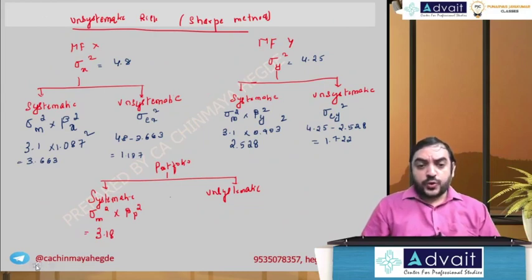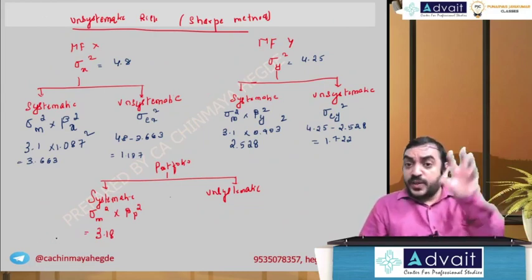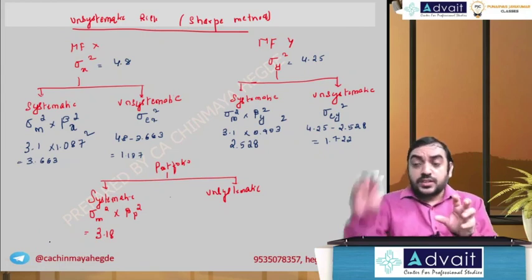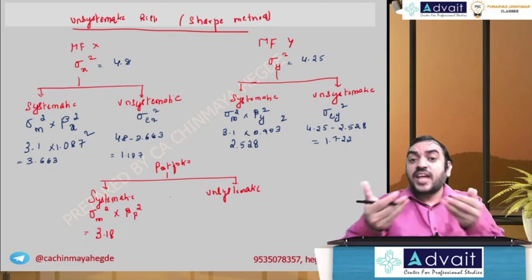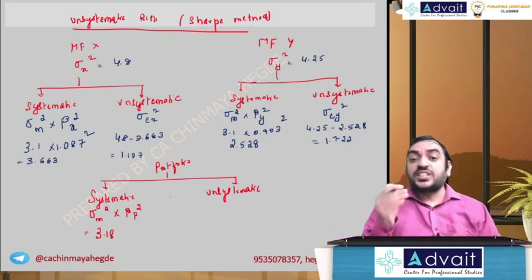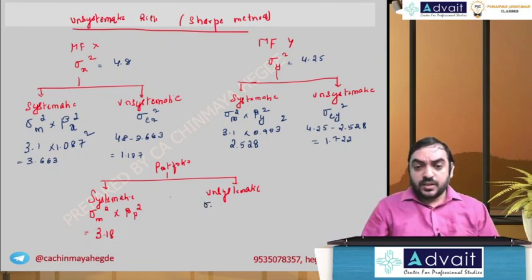Unsystematic risk, what are we going to do? We will take security X unsystematic variance and security Y unsystematic variance, and combine both using a weighted average. And the weight is going to be squared, right? So this is sigma Ex square multiplied by weight of x square, plus similarly for unsystematic risk of y, sigma Ey square multiplied by weight of y square.